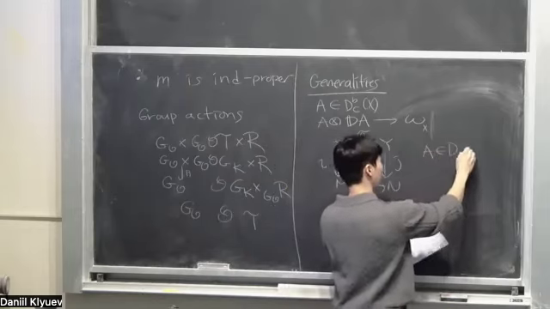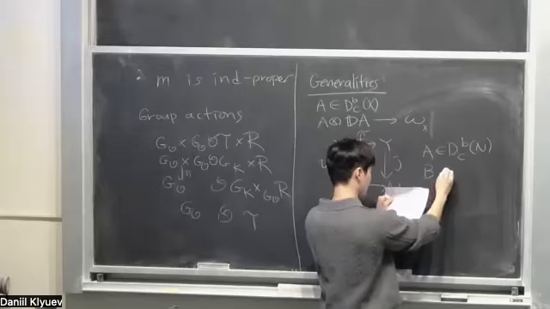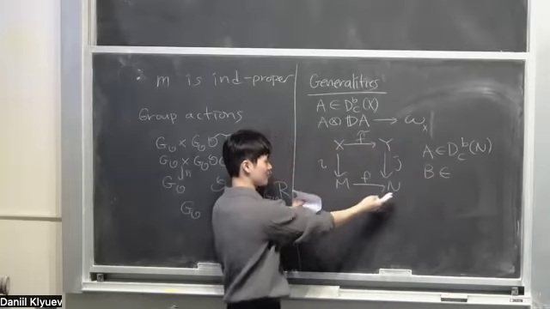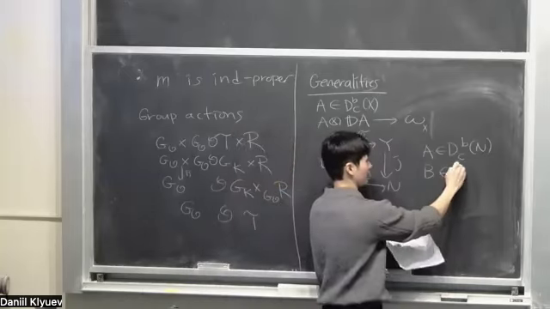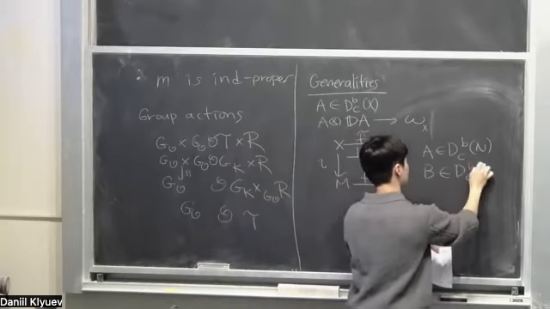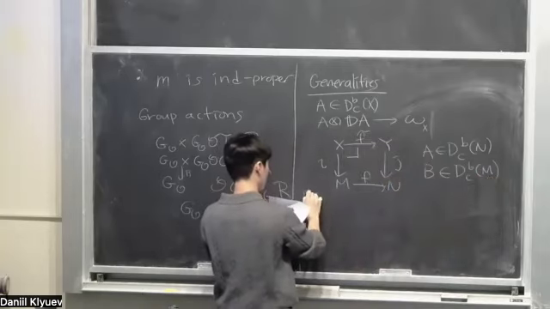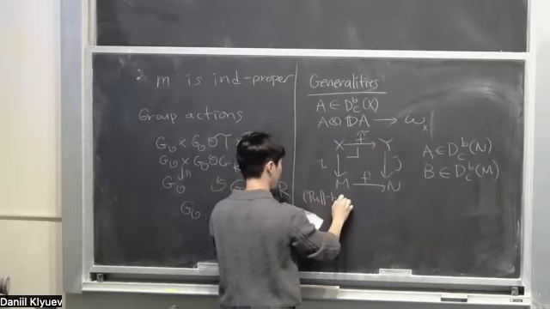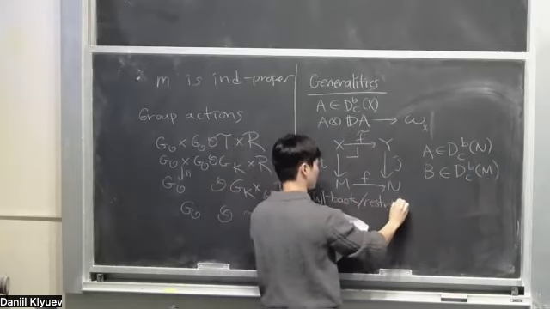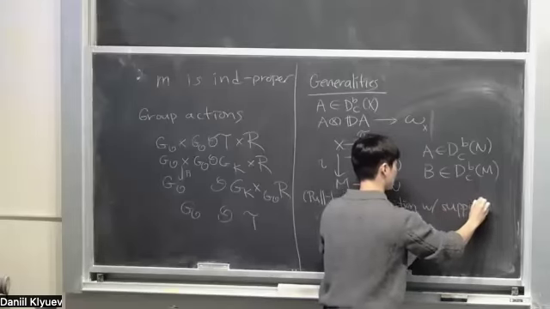So there's this construction that we will use for the convolution. Let's say I have some object here, some object here, and some object here, in a Cartesian diagram. We will define pullback, or depending on the context restriction with support, as this homomorphism.